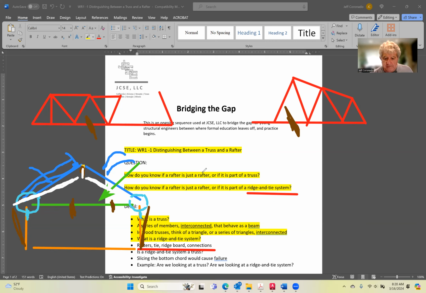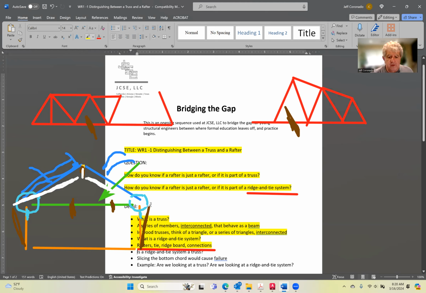Okay, so what is a ridge and tie system? I think we've covered that. The ridge and tie system is composed of rafters, tie, ridge with connections. That's kind of where we left off, right?